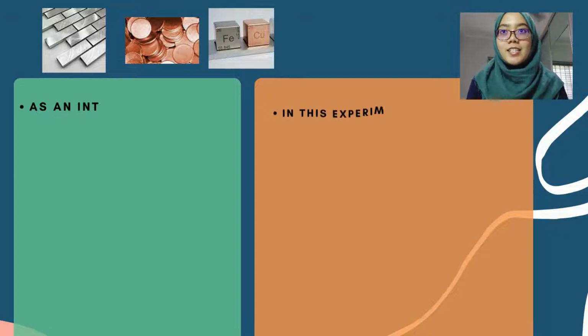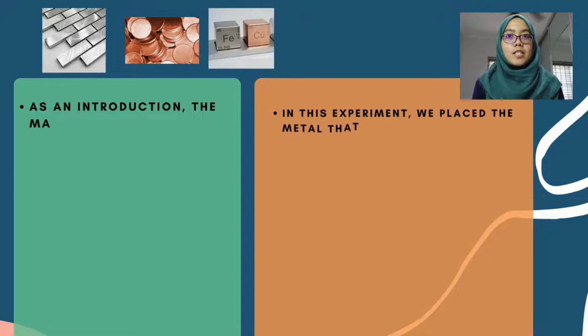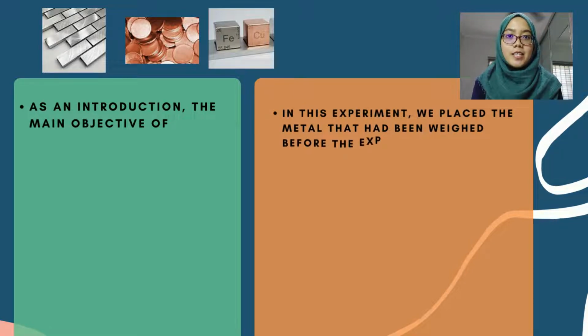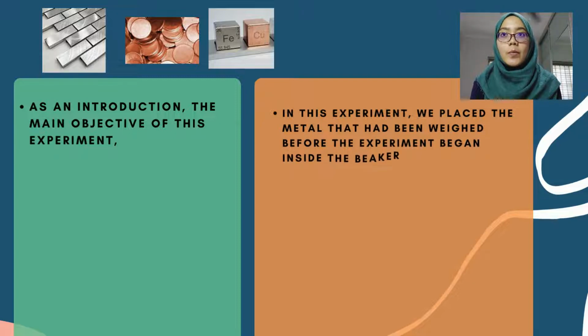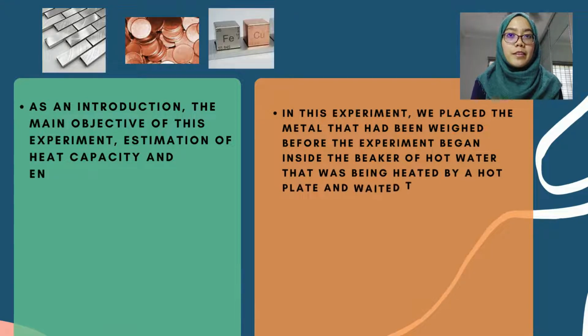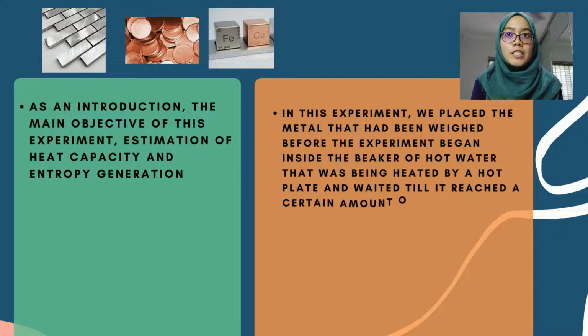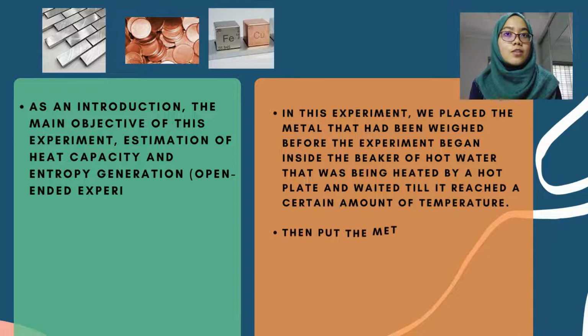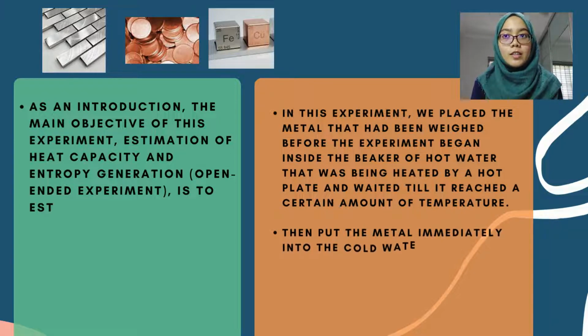As an introduction, the main objective of this experiment, estimation of heat capacity and entropy generation, an open-ended experiment, is to estimate the heat capacity of different metals and to estimate the entropy generated when these metals are dropped in a container containing water.